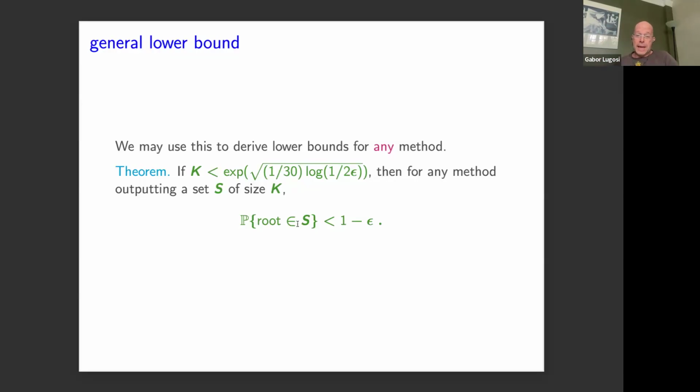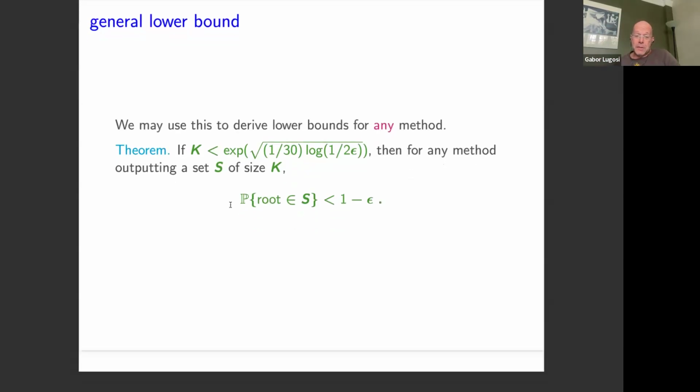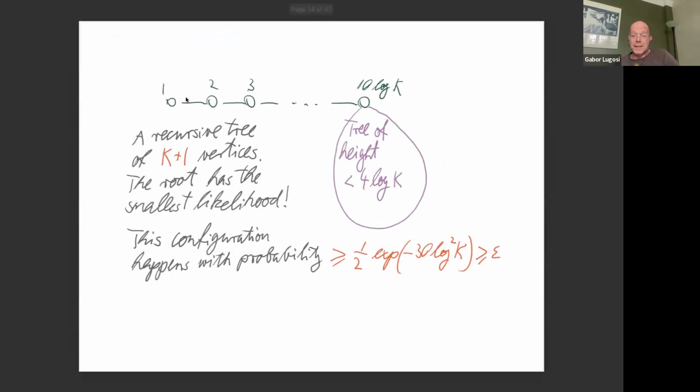The way to prove this is that there are unlikely things that can happen, and one unlikely thing is that the tree starts out with a long path. Let's say if we grow a tree of size k, then the first 10 log k times it's just a path, and then things go back to normal.